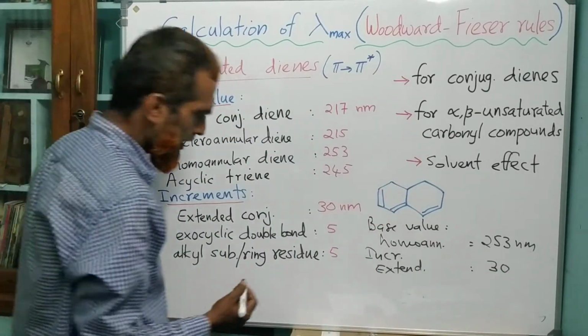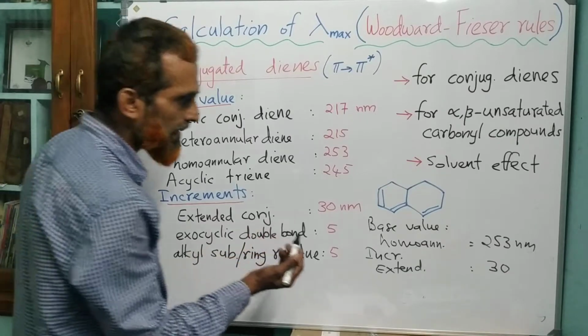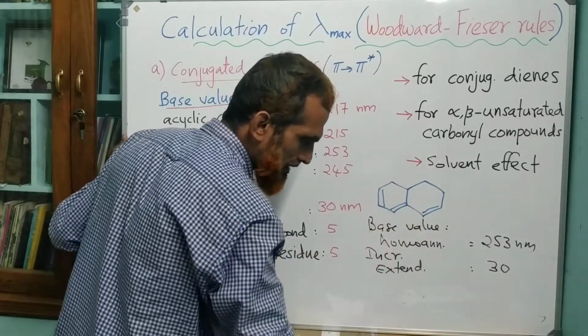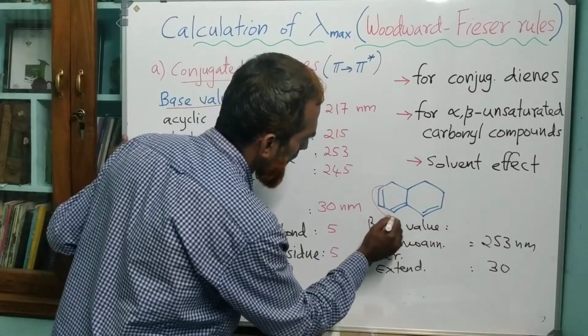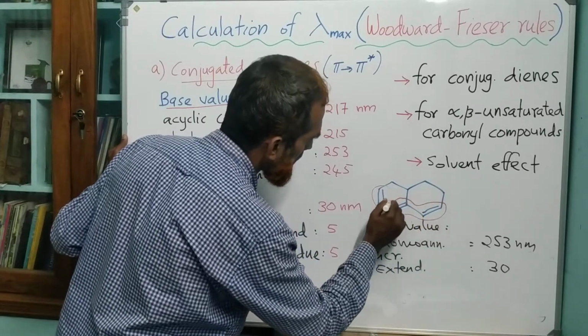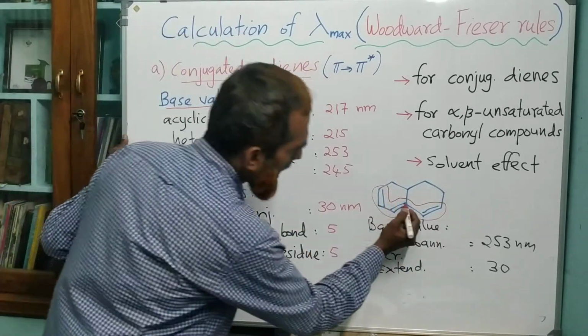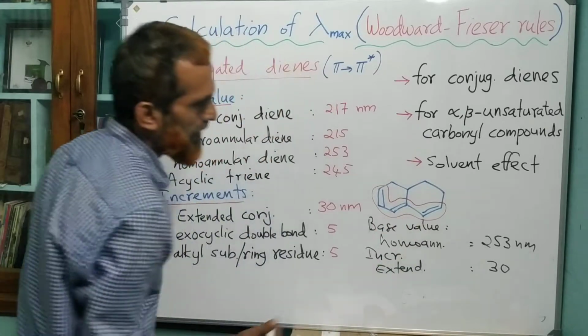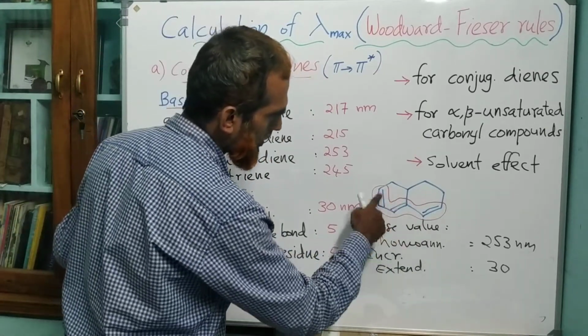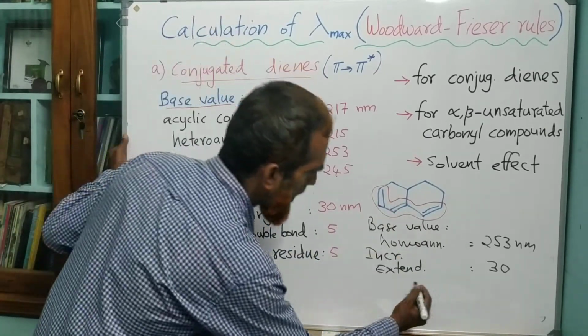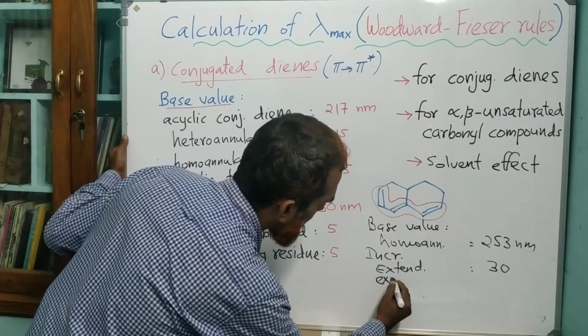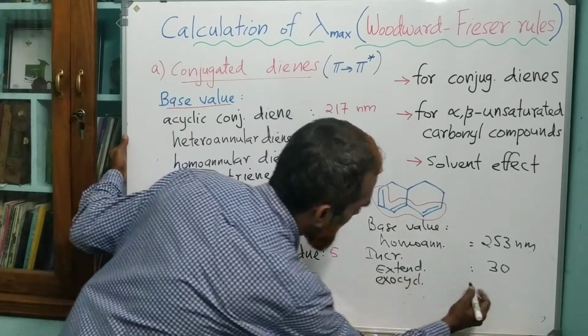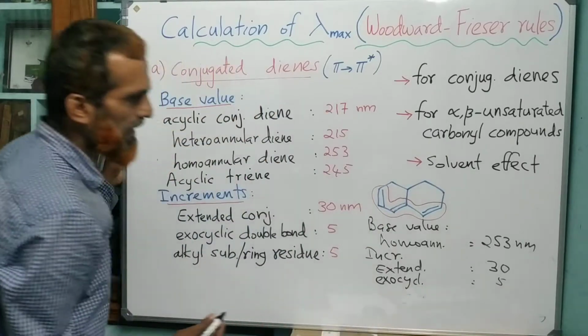Then next one, exocyclic double bond is there. Yes, this you can see, this is now the system, the whole thing including this extended conjugation. This double bond is exocyclic, only this one, not these two. So there is one exocyclic double bond. Exocyclic double bond, 5.